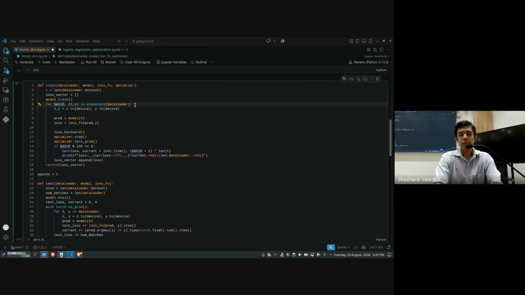So then you have this iteration. Every time you call the data loader, what it does is essentially provide the data points in batches. This batch corresponds to the batch number, and X and Y correspond to one particular mini batch of inputs and outputs.